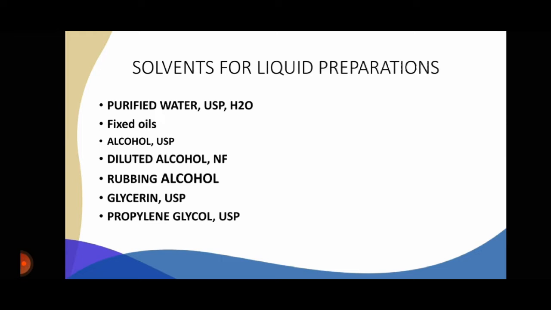Purified water USP (H2O) is obtained by distillation, ion exchange treatment, reverse osmosis, or other suitable process. It has fewer solid impurities than ordinary drinking water.